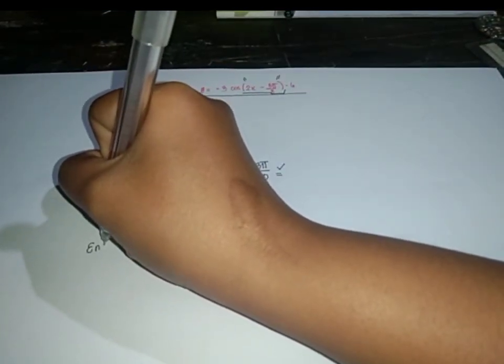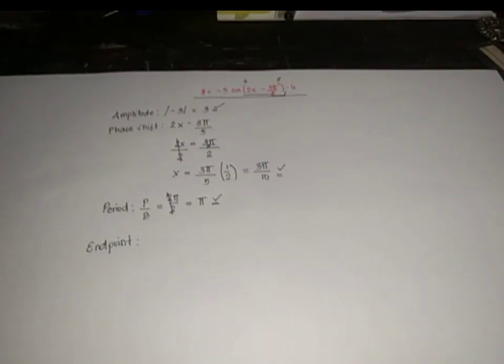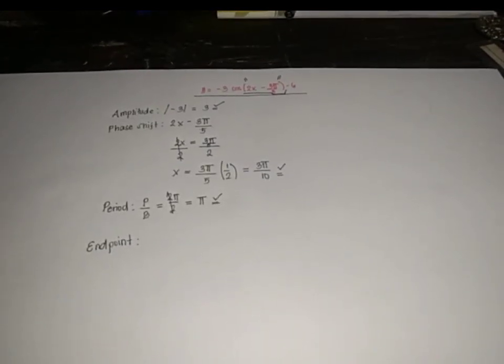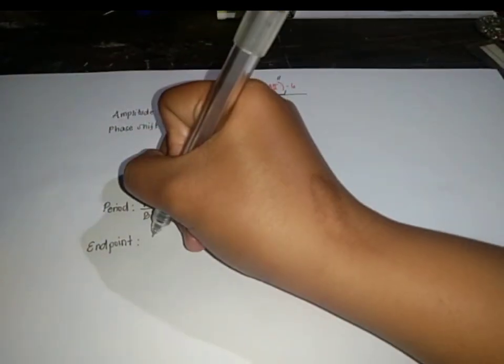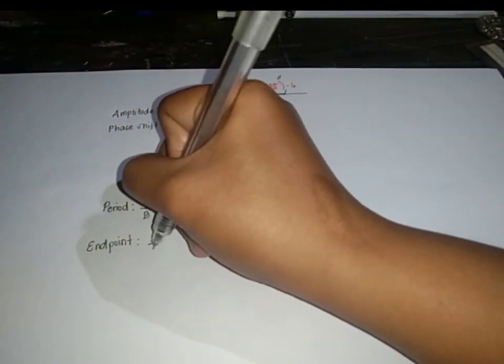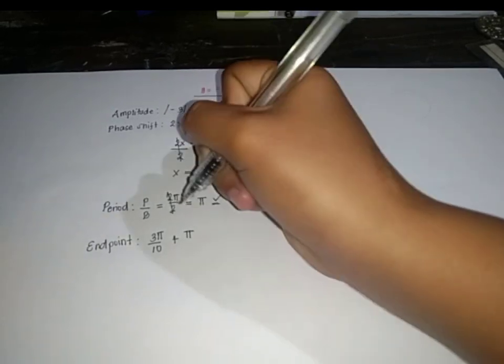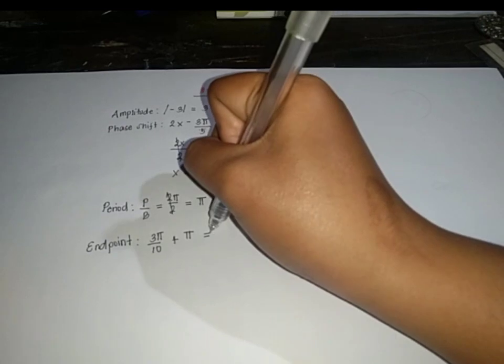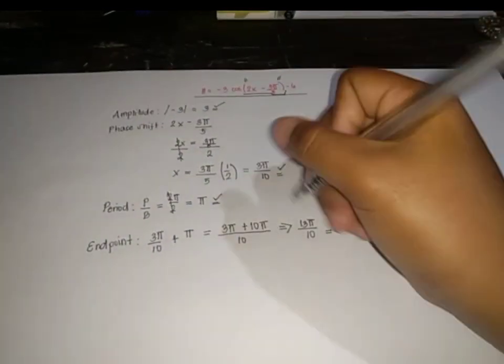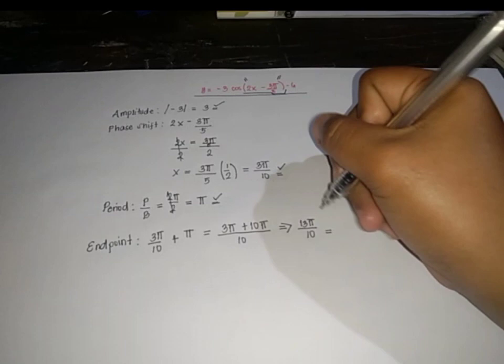Next is the endpoint. How to get the endpoint? In getting the endpoint, we can just add the phase shift and the period. We have 3 pi over 10 plus pi is equal to 13 pi over 10.